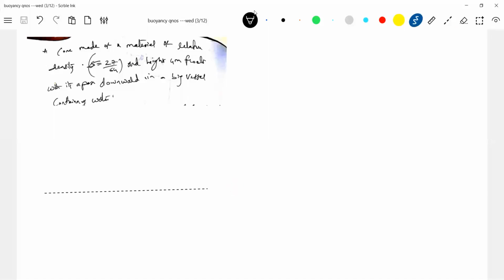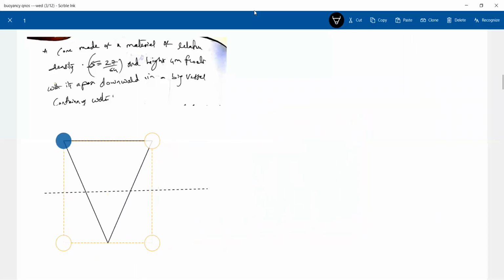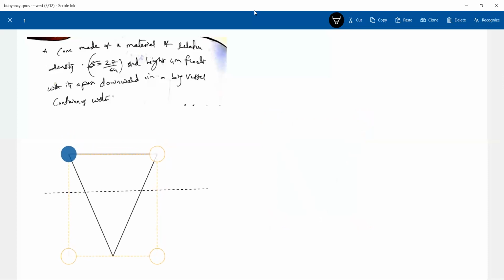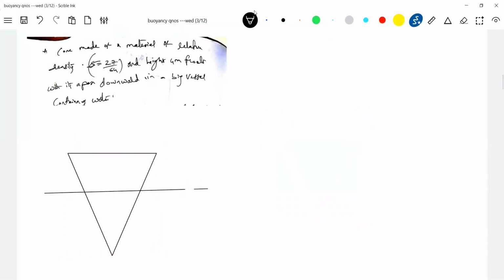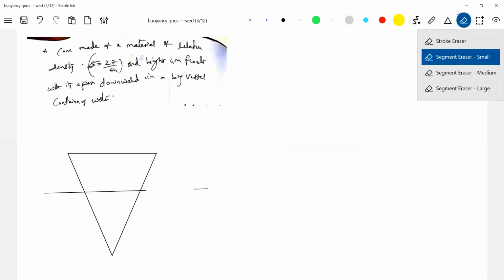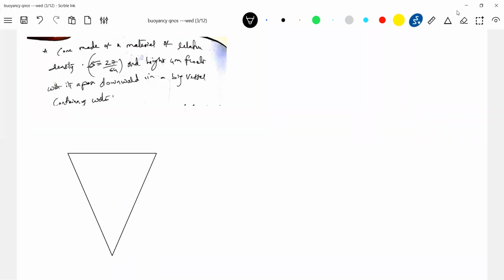Okay, this is a cone. Is a cone needed, no?